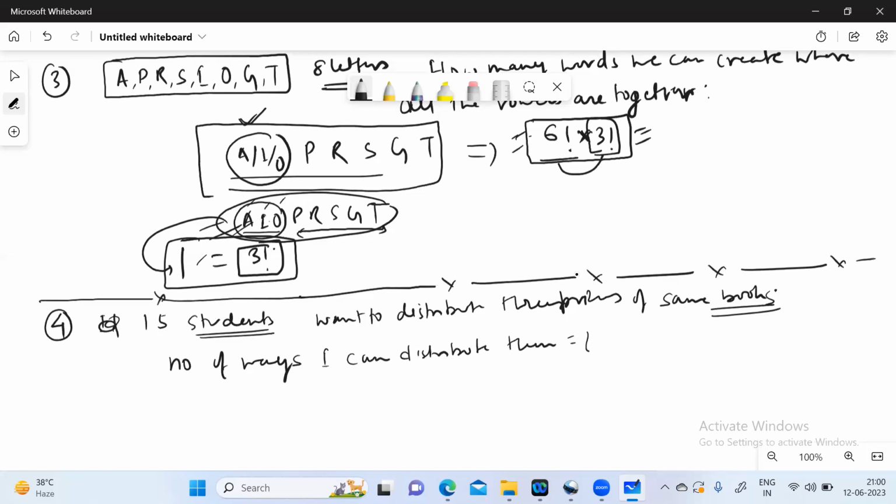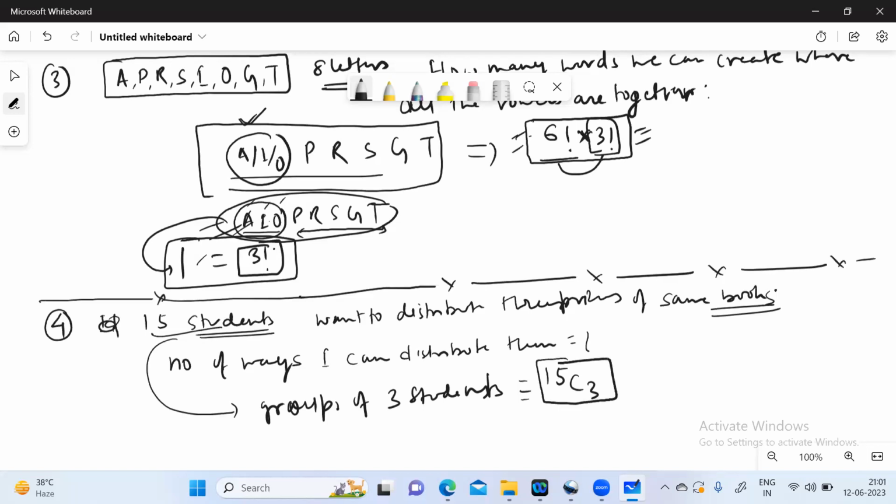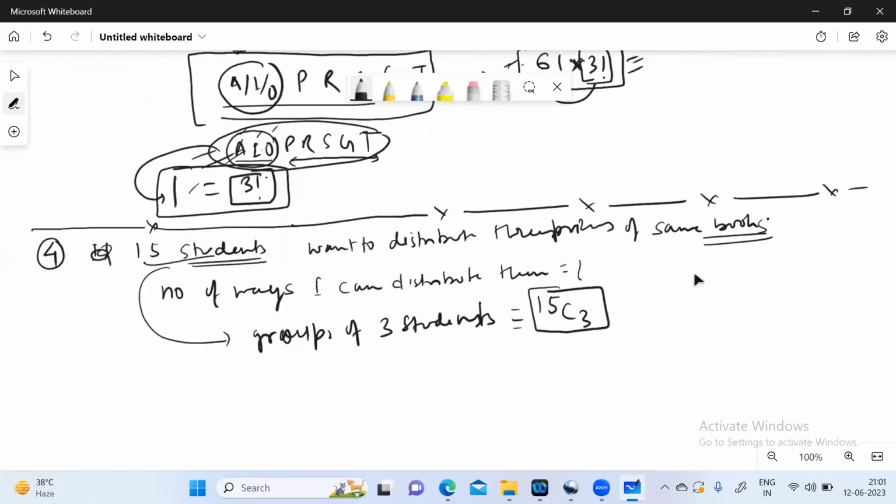Any 3, just get a 3 student group from this 15. 15C3. Exactly. Just get a group of 3 students and give them those prizes. So the number of ways to distribute them is 15C3. Here you are using the combination concept.